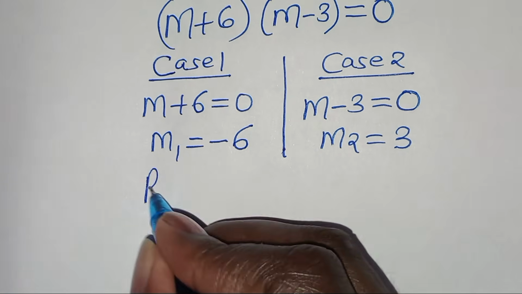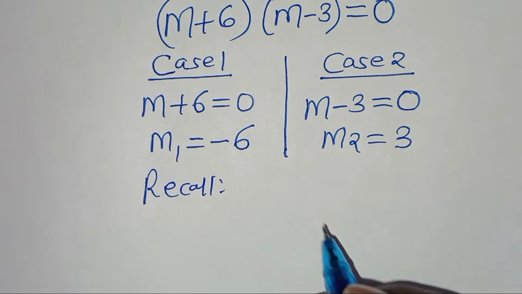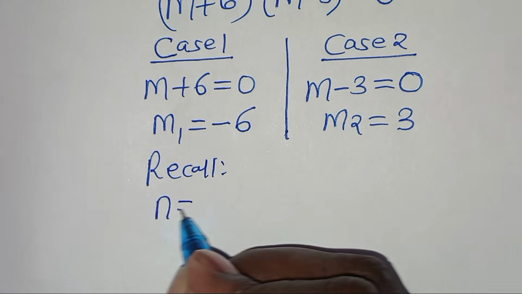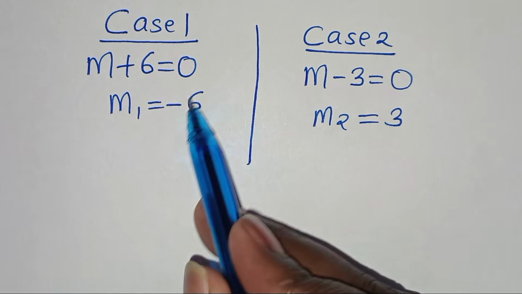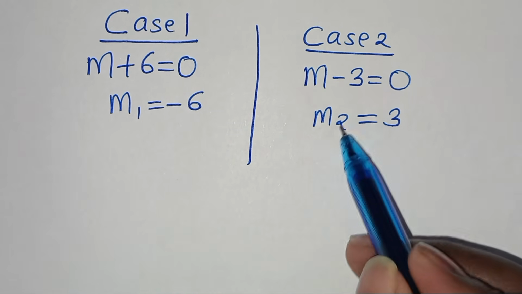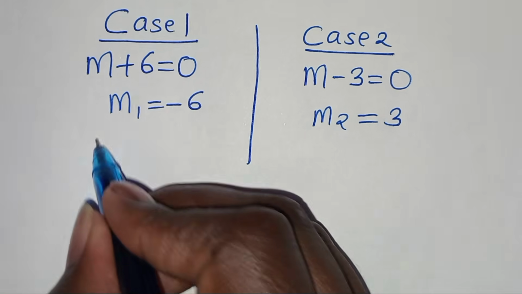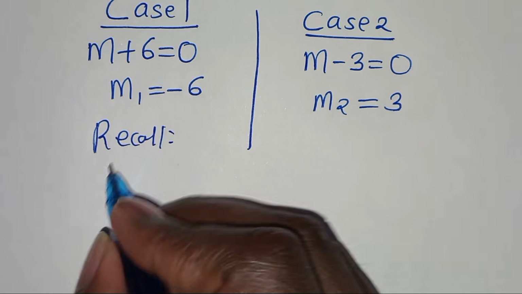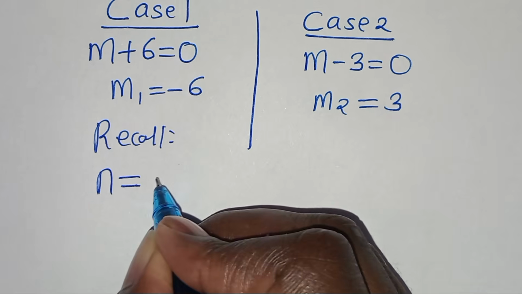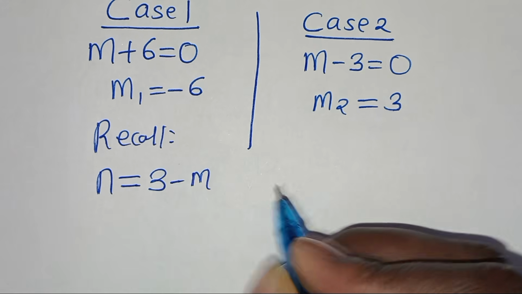Now, in case 1, m1 is equal to minus 6, and in case 2, m2 is equal to 3. If you recall, we have that n is equal to 3 subtract m.